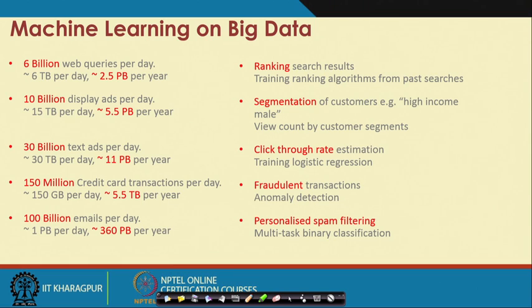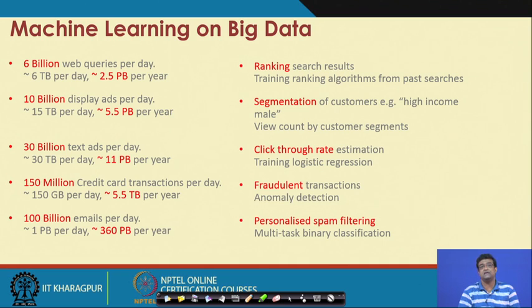Okay. And then finally, you may want to solve a personalized spam filtering problem on all the emails that are exchanged. Okay. So, this is a multitask binary classification problem, which is also again a machine learning problem. So, for all these cases, the bottom line is that you need tools which scale, which are able to train machine learning models, different types of machine learning models.